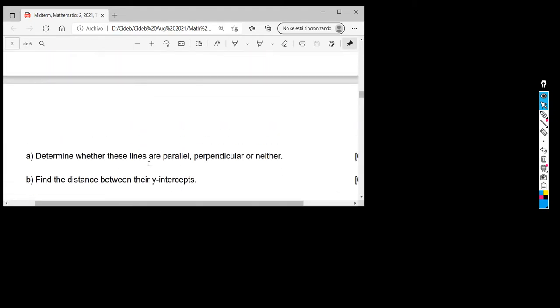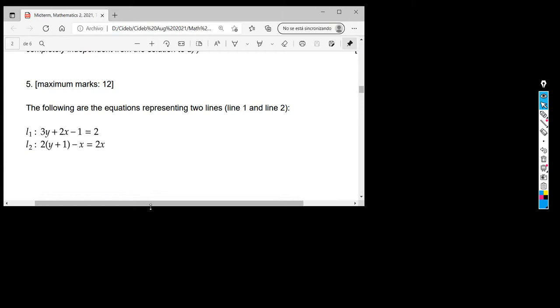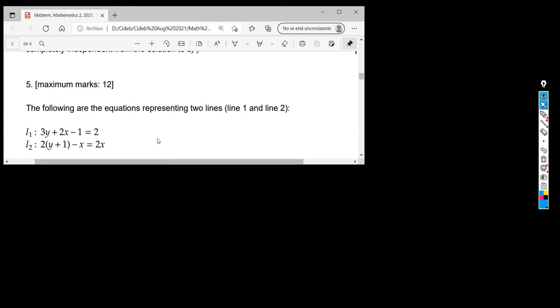Let me write down the equations first. Line 1 is 3y plus 2x minus 1 equals 2. And line 2 is 2 times (y plus 1) minus x equals 2x. So these are my two lines.